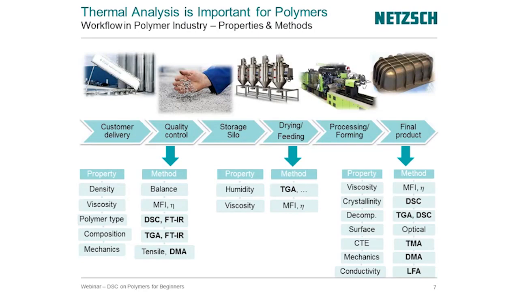The first thing we'll look at, in the context of thermal analysis for polymers, is just a general workflow in the polymer industry. What we're looking at is a characteristic overview of an injection molder.